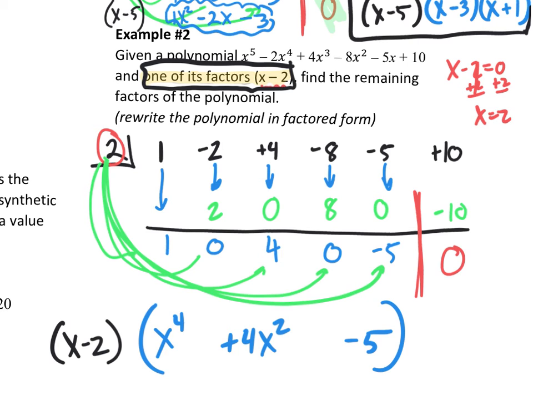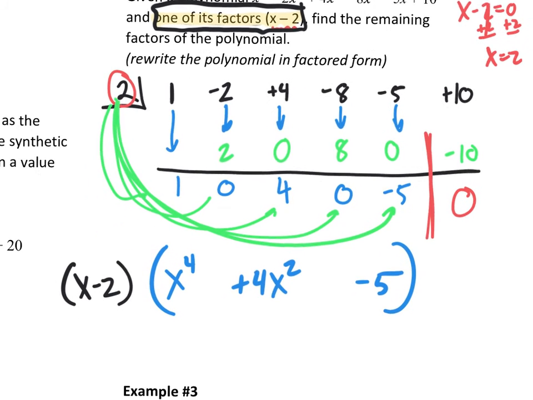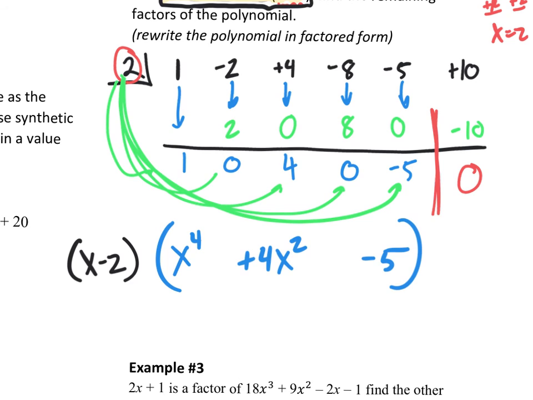Okay. Now I need to attempt to continue factoring. And I hope that based on the skills that we learned yesterday and the day before, you could identify that this is a fourth degree and this is half of that power, which means that we could kind of force it to look like a quadratic trinomial.